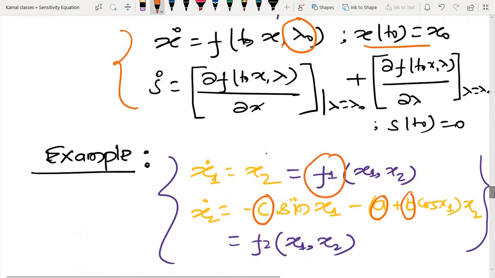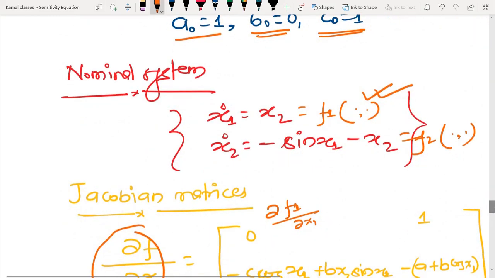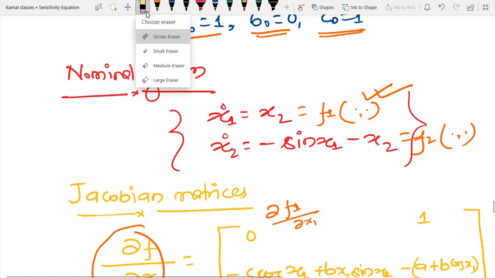Okay, so I have defined f1 and f2. Basically I was wrongly explaining using this. This function f is a general function and this is the nominal system, so please forget about this equation. I will delete it, otherwise it might confuse you.